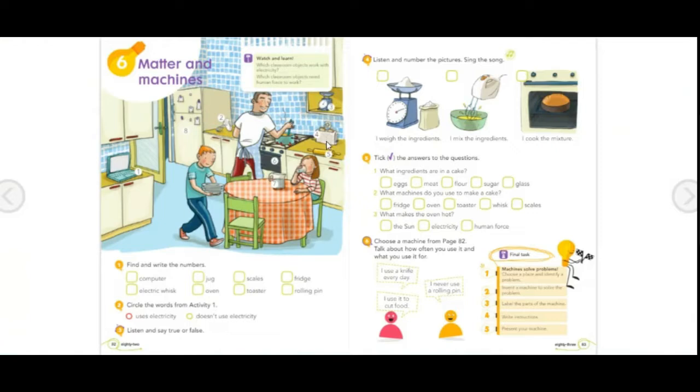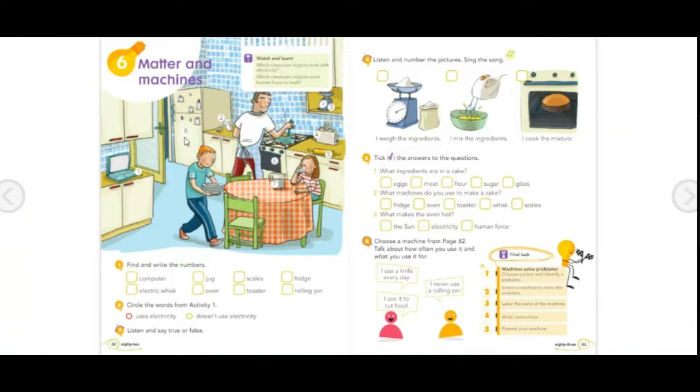Number 4, toaster. Number 5, rolling pin. Number 6, oven. Number 7, jug. And number 8, fridge.